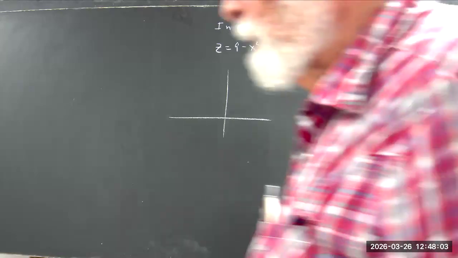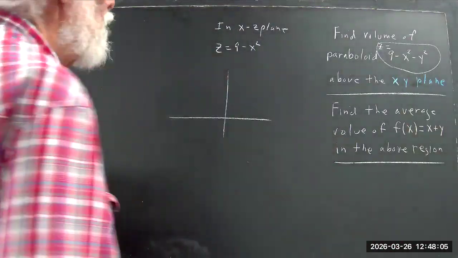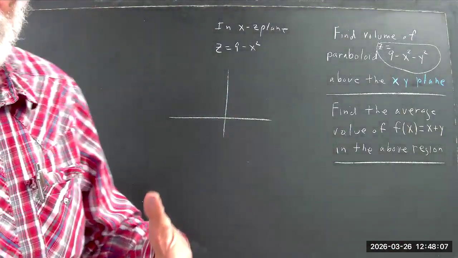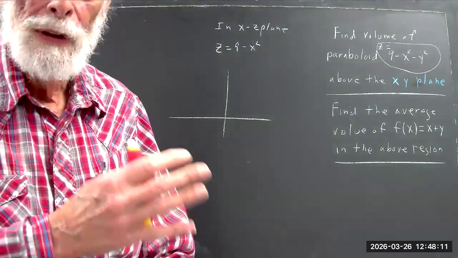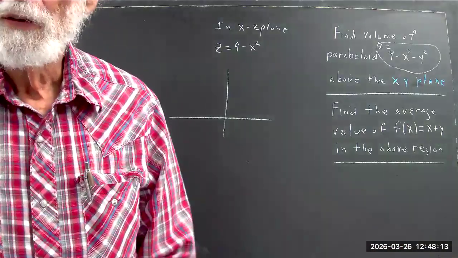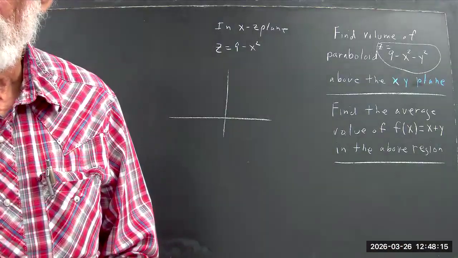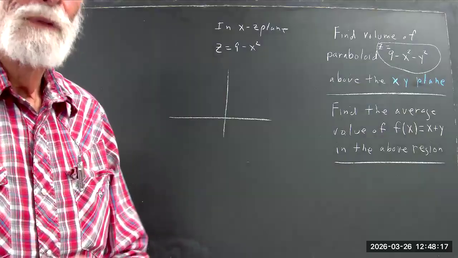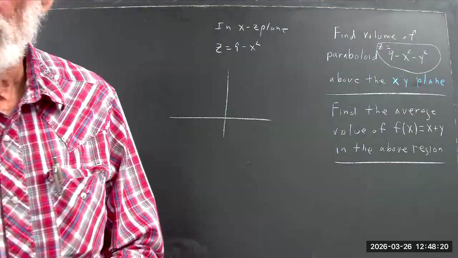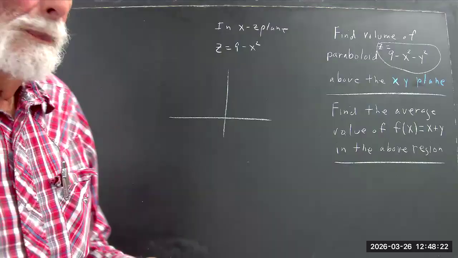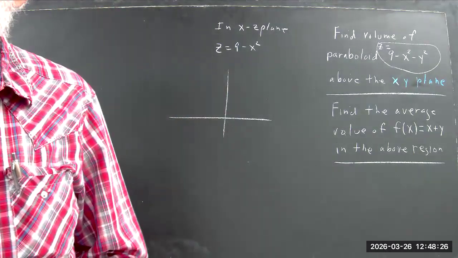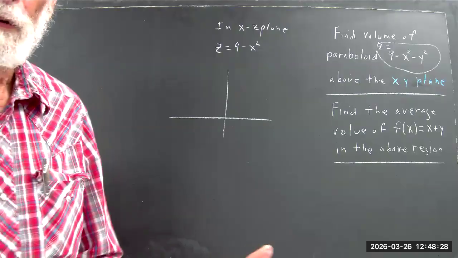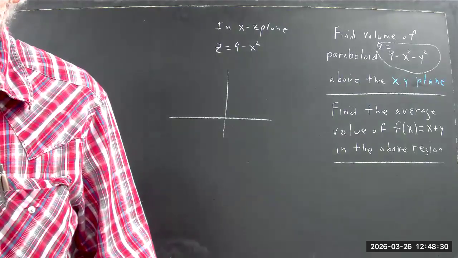Okay, there was some confusion about the xz plane, xy plane. Remember when we did quadric surfaces, we looked at the xz, yz, and xy plane intercepts of the quadric surfaces. And then we even looked at z equals 1, z equals 2, z equals 3 intercepts. You might need to review some of that because you do need that three-dimensional understanding in order to deal with triple integrals.